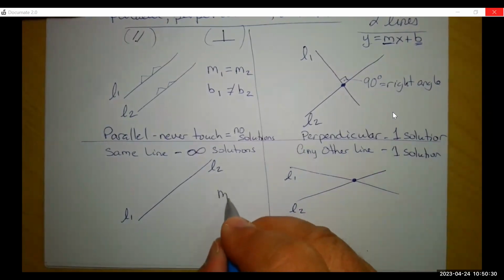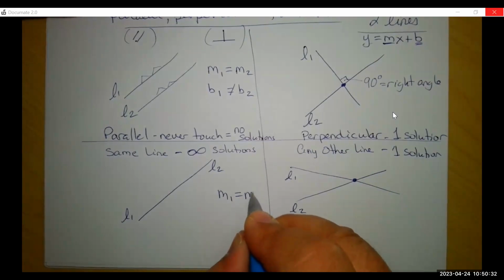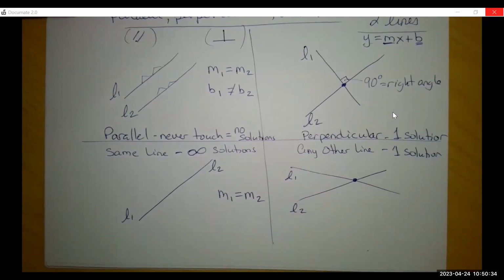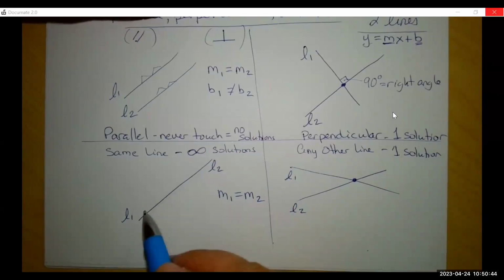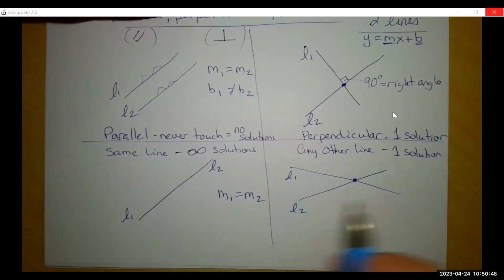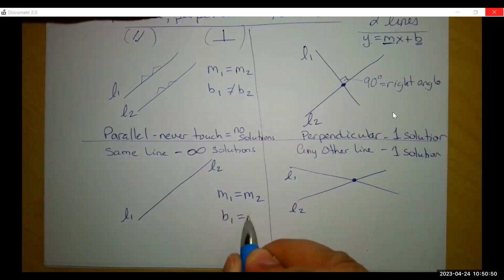Okay, the slopes will have to be the same. And what else? They better have everything the same if they're the same line. So they have to have the same y-intercept.